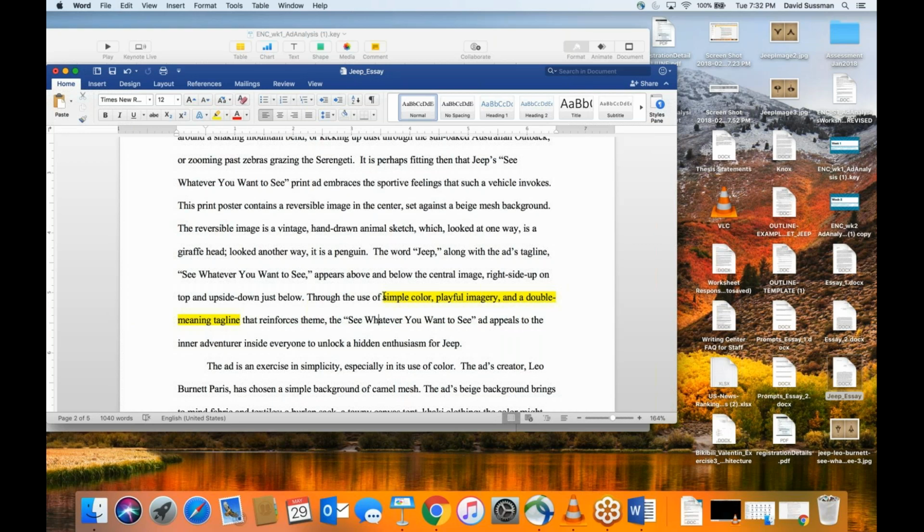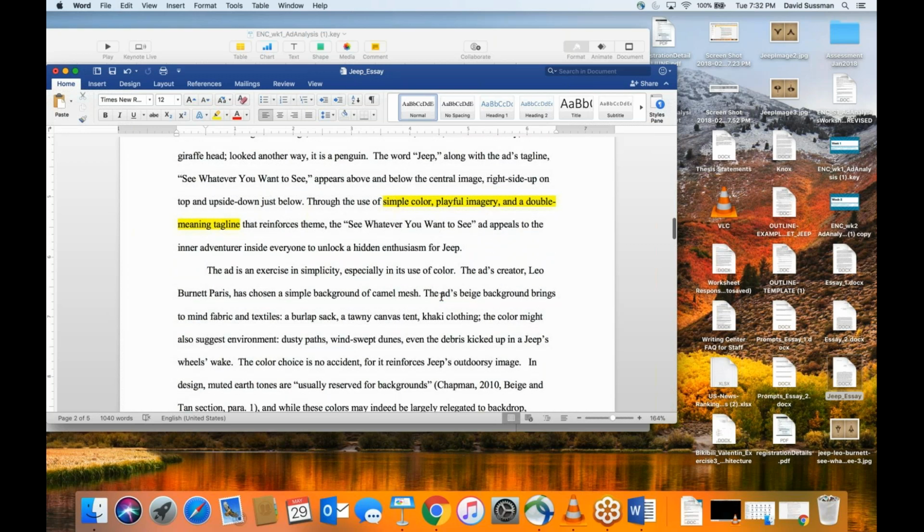And I understand you may have trouble identifying the 3 things immediately. That's okay. That's what the brainstorming activity is designed to help you to find. But ultimately, you don't want to be painted into a corner, stuck with an ad that you ultimately don't know much to say about. And yeah, once you identify these 3 things, they become the body of your paper.